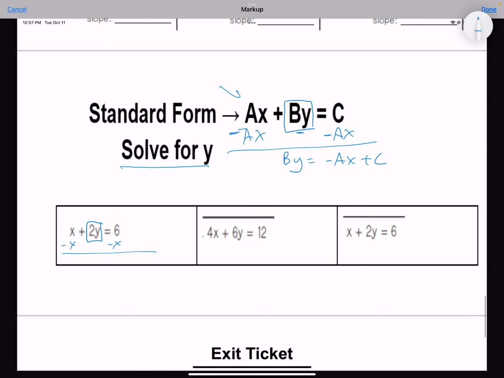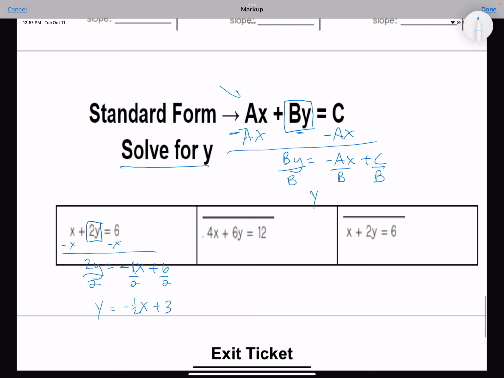So this one, I'm left with 2y equals negative 1x plus 6. My y is not isolated. I need to divide everything by b. So down with the numbers, I'm dividing everything by b. So I have y equals negative 1/2 x plus 3.